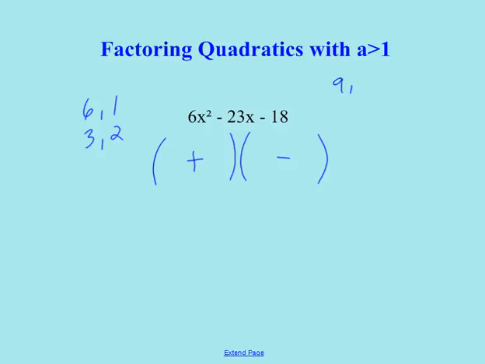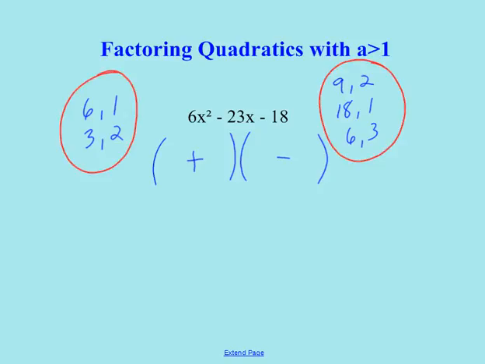So it could be 9 and 2, could be 18 and 1, could be 6 and 3. All of those are factors of 18. So what we need to do here is mix and match the factors of 6 with the factors of 18 in order to come up with the correct factors of this quadratic.